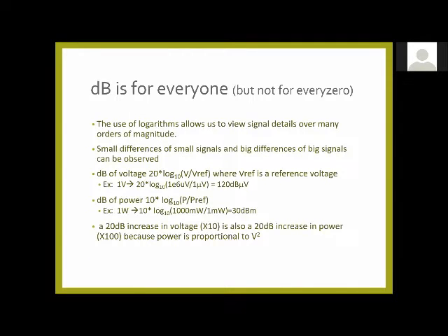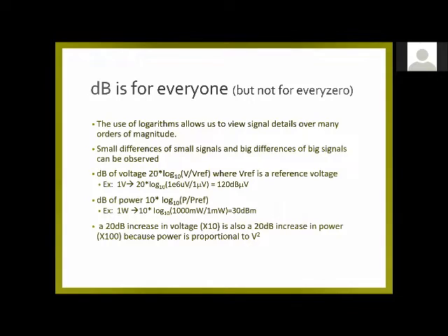Why do I use decibels? I use decibels because I can tell you something small and big at the same time. It's a great way. For example, 1 volt is 120 dB microvolts. 1 watt is 30 dBm.